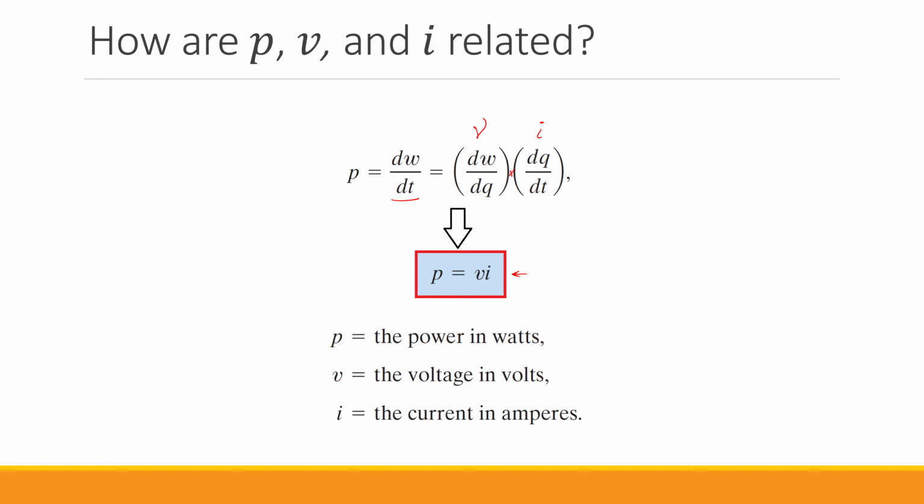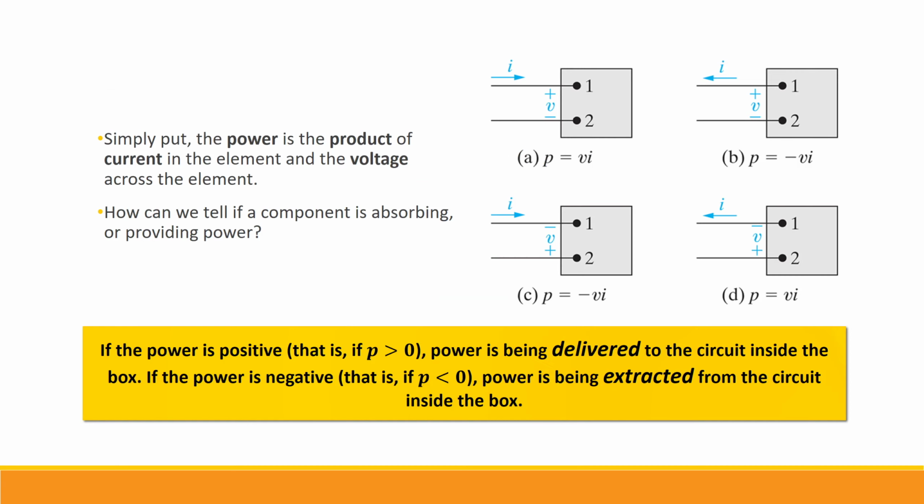This equation is very powerful, and based on this and the concept of passive sign convention, we can see how different elements are either producing power to our system or absorbing power. Simply put, the power is the product of current in the element and the voltage across the element at any given time. So this is very important.